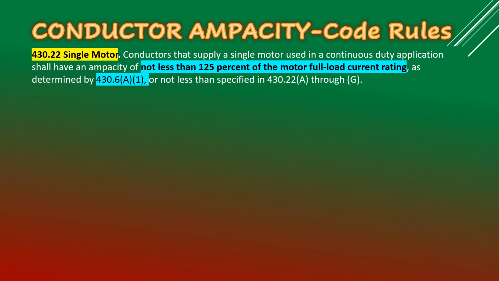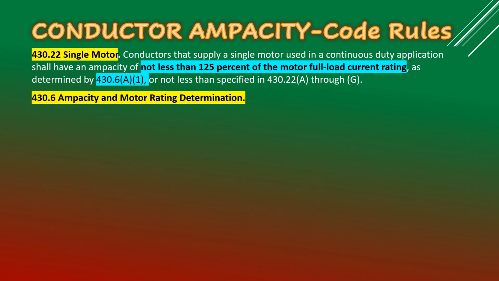A single motor used in a continuous duty application shall have an ampacity of not less than 125% of the motor full load current rating as determined by 430.6(A)(1), or not less than specified in 430.22(A) through (G). So this is the next section, ampacity and motor rating determination.